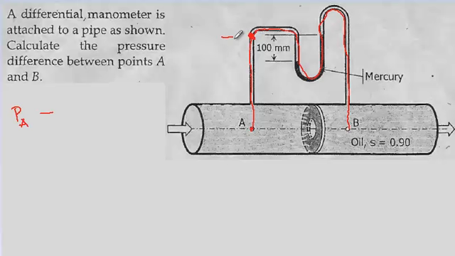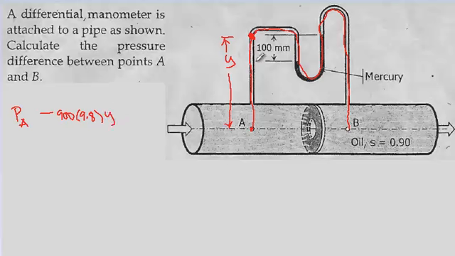We don't know that height yet, but we may call it height y. Eventually we'll find out that it cancels. So it will be minus rho of the fluid, that's 900 times 9.8 times y.